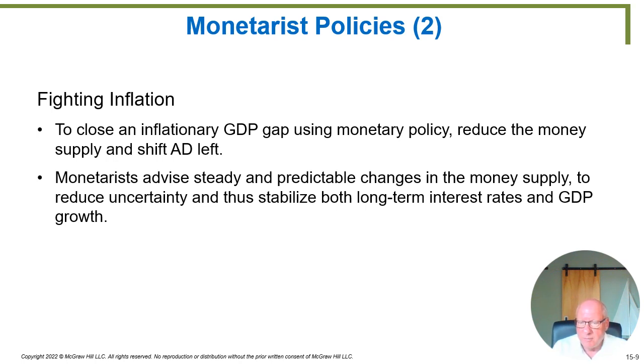So if the real economy grows at 3% per year, increase the money supply by 3% per year, and then there will be no inflation because the money will increase at the same rate that the Q increases, and then the two offset each other at the existing price level. So this reduces uncertainty and stabilizes both long-term interest rates and GDP growth. That's the monetarist view of the best way to handle the economy.